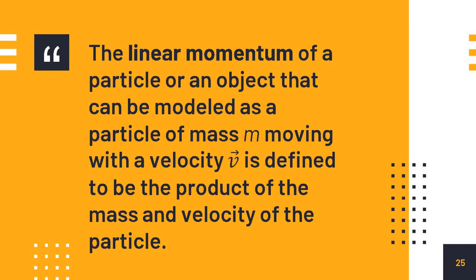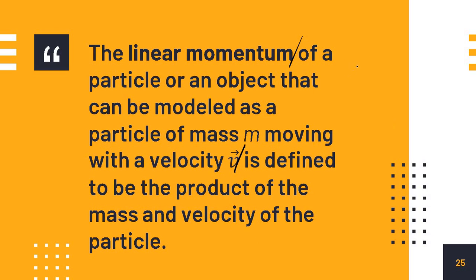According to this slide, linear momentum of a particle or an object that can be modeled as a particle of mass m moving with a velocity v is defined to be the product of the mass and velocity of the particle. To better understand the description written in the slide, you can cut the sentence from here up to here. So the linear momentum is defined to be the product of the mass and velocity of the particle.